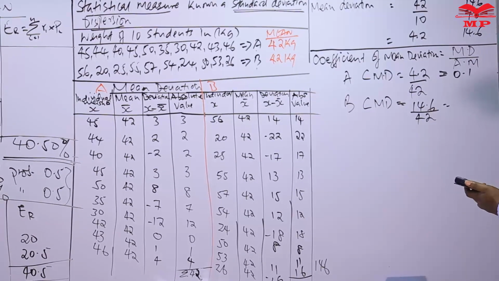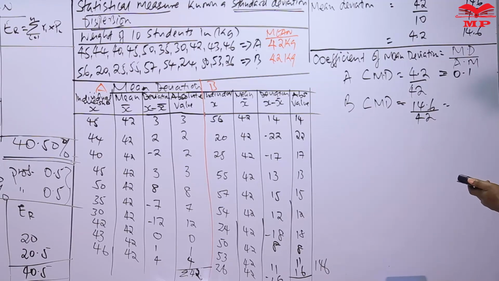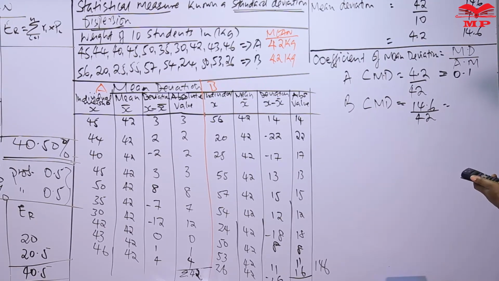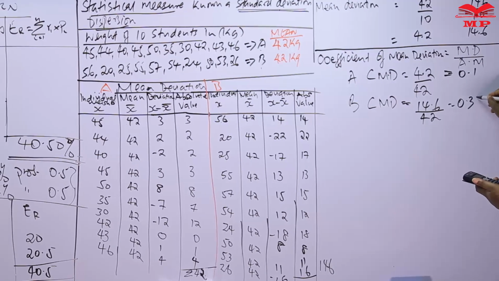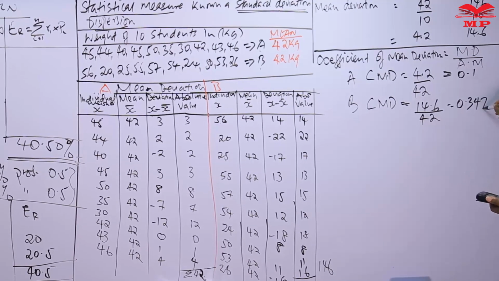Then 14.6 divided by 42 will be equal to 0.347.